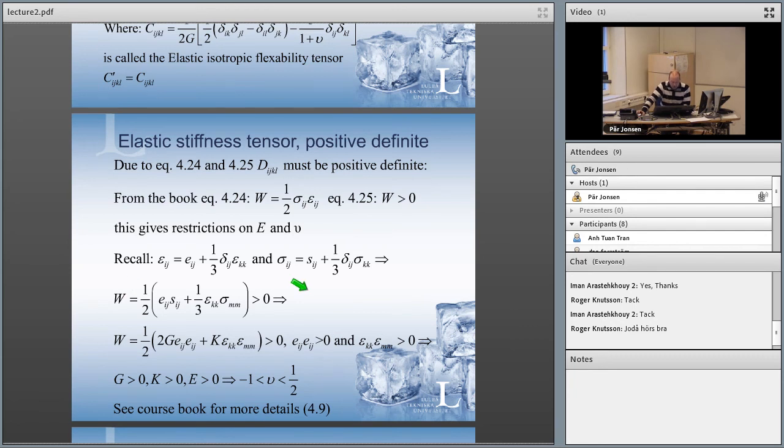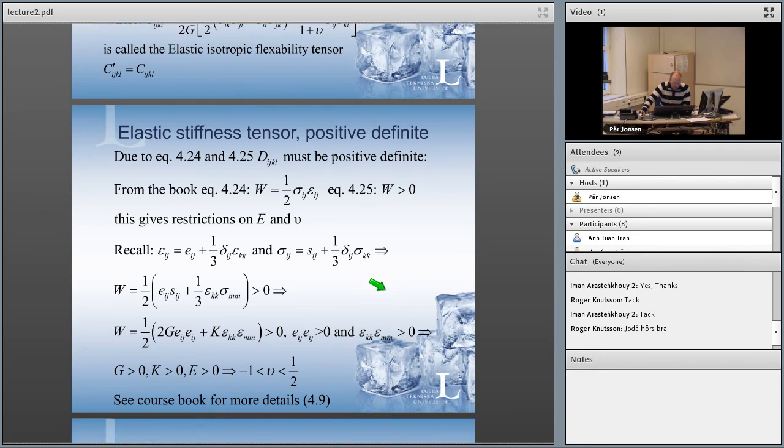Looking at the deviatoric strain tensors, they must be positive also in this case. This is also true for the ordinary strain tensor. And this relation, if you evaluate it even more, you can get the rate. You know that these ones are valid, but the last one that we didn't look at was the Poisson ratio.